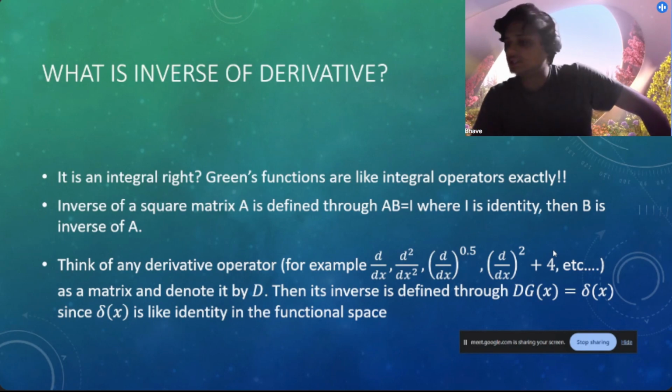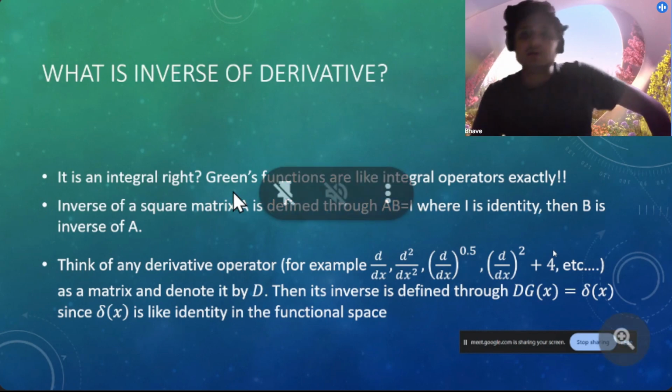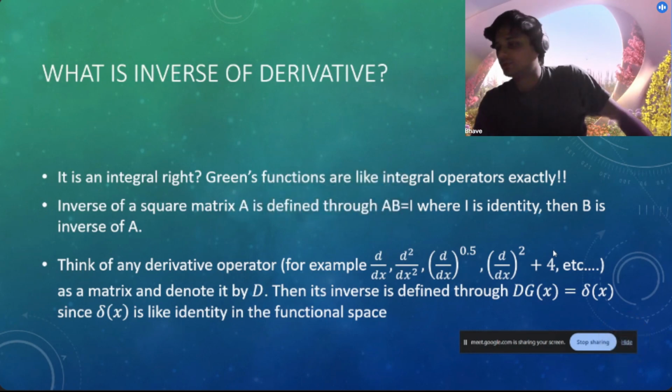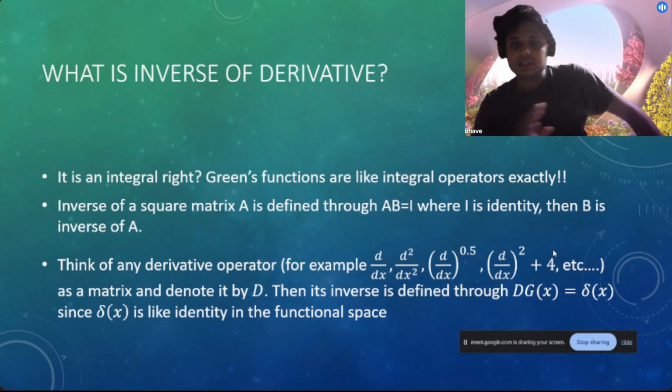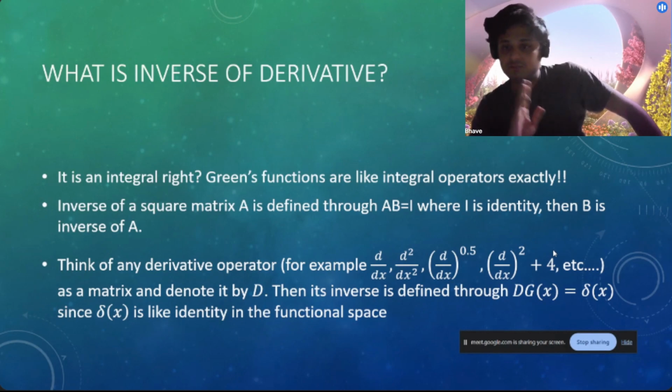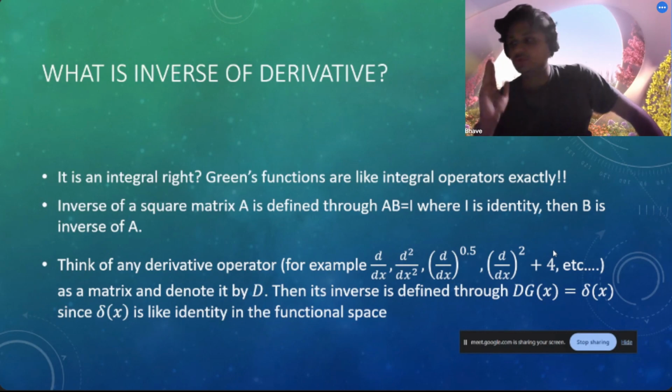Functional space is like a vector space only. It is basically spanned by basis vectors which are functions of x. For example, you can have 1, x square, x cube. These are like the basis for any polynomial, correct? Any polynomial is a linear combination of these: 1, x square, x cube, x to the power 4, and so on.